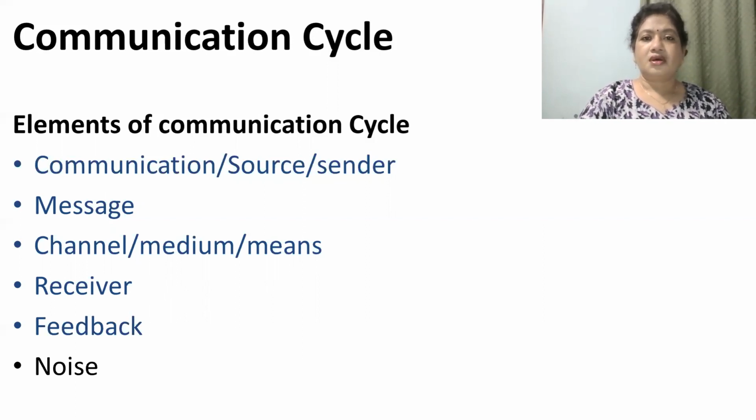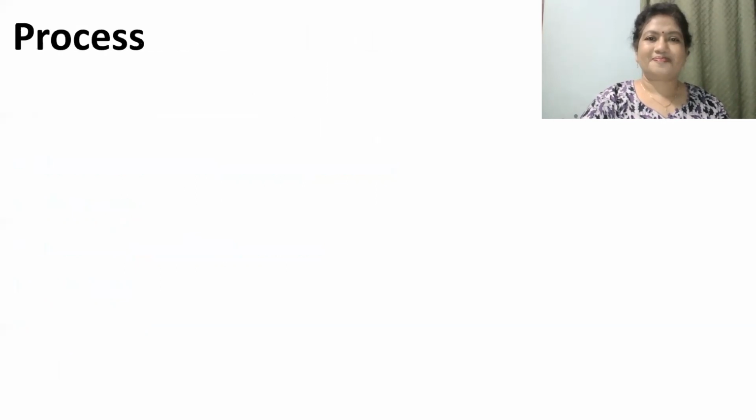If the sender and the receiver do not understand the message, that is called noise, and we are going to touch base on noise too. So these are the elements of the communication cycle: communication, or the sender, message, channel, receiver, feedback, and noise.